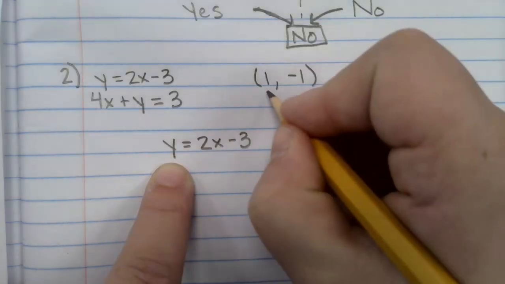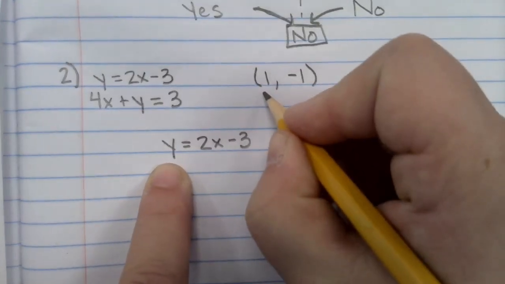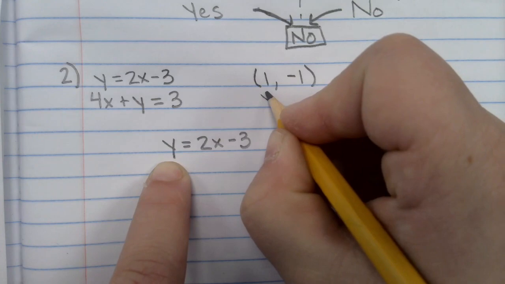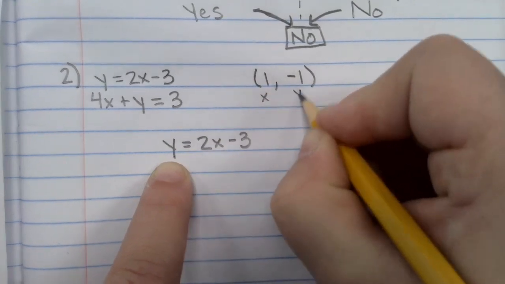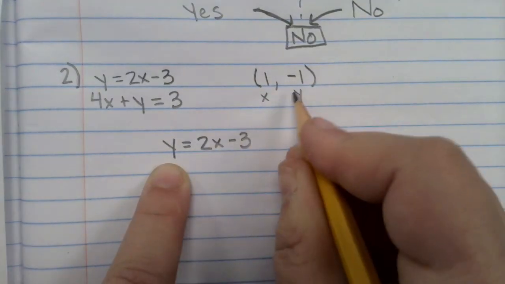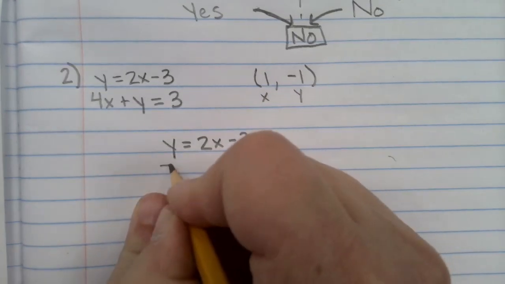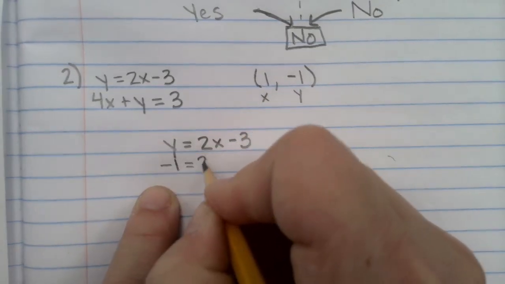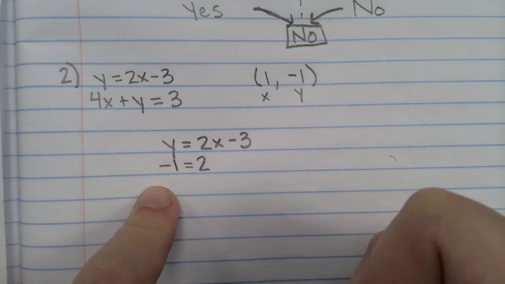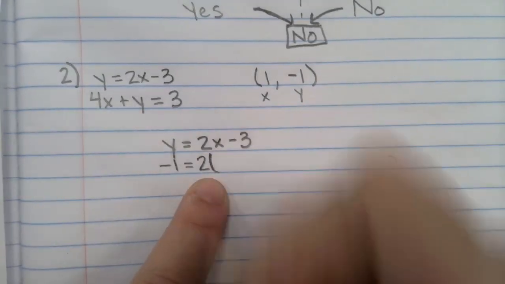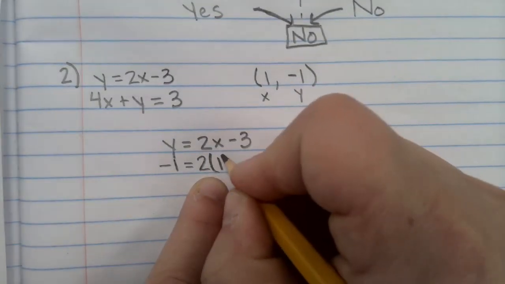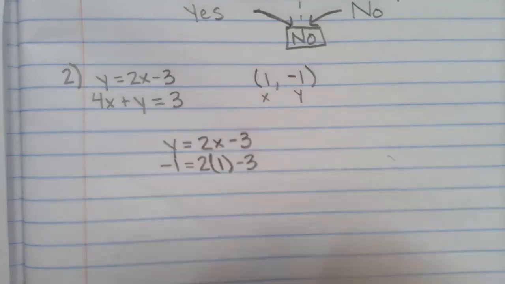Good, the -1, because an ordered pair always goes x first and then y. So when we see that y, we're going to put in -1 equals 2, what's our x? 1 minus 3.